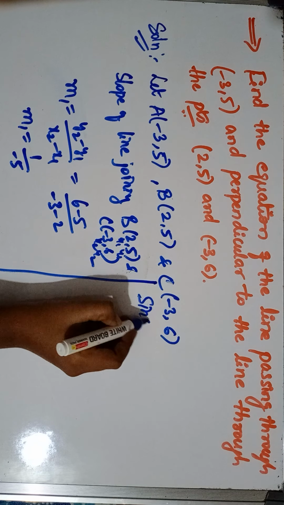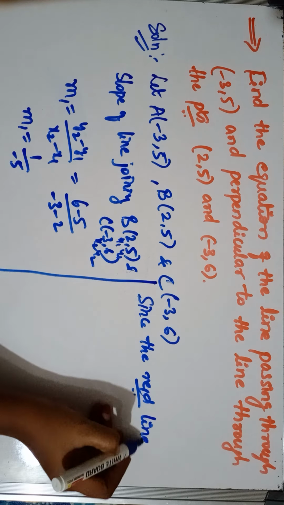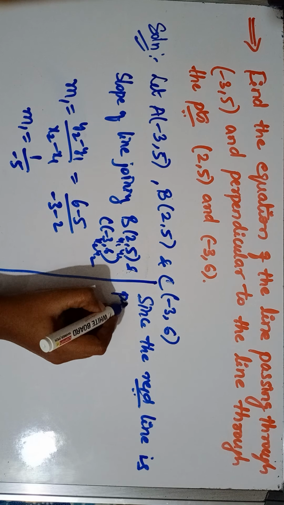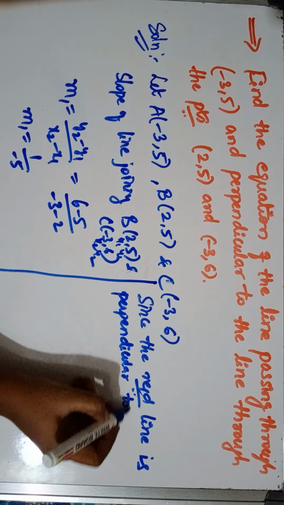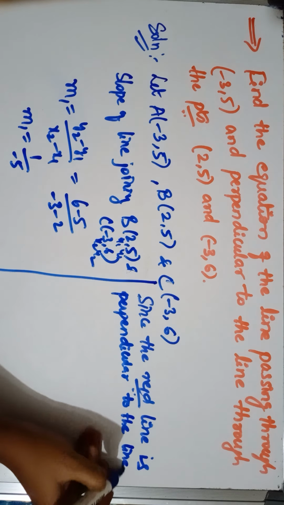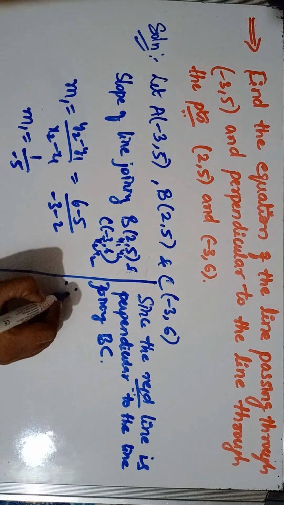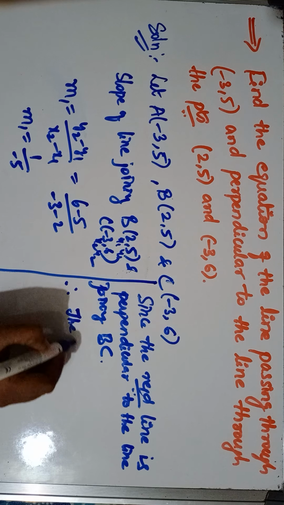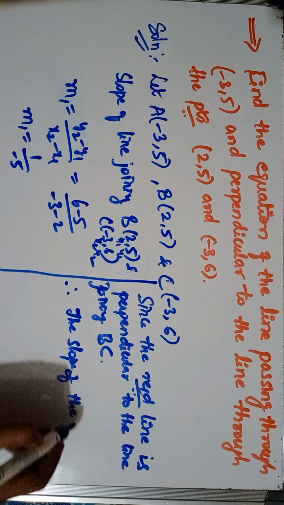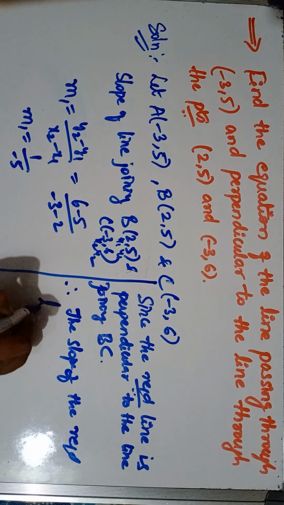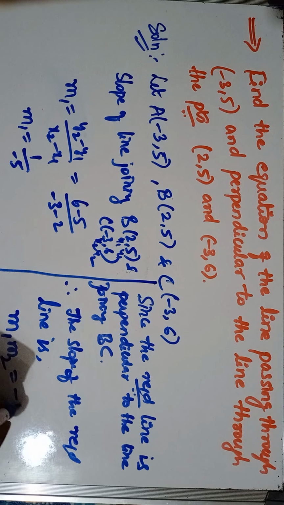since the required line is perpendicular to the line joining BC, therefore the slope of the required line is, by using the condition m1 into m2 is equal to -1.